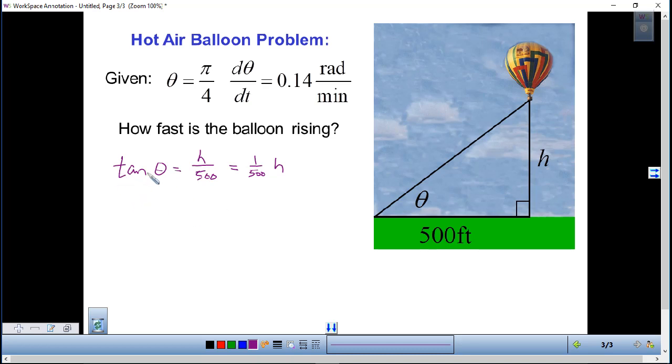The derivative of tangent theta is going to be secant squared theta d theta dt. And then on this side, it's going to equal 1 over 500 times the derivative of h, which is dh dt.